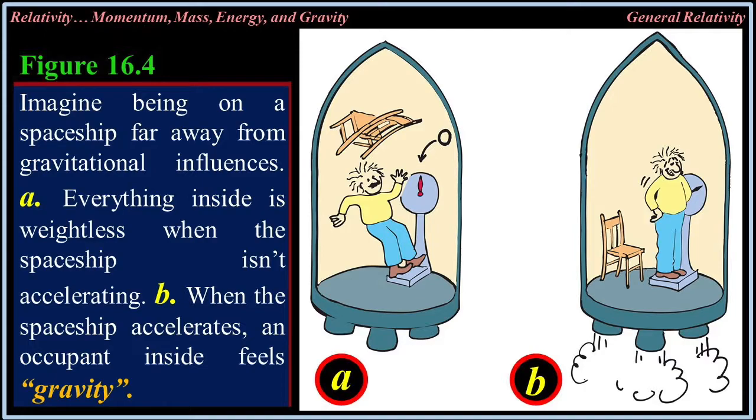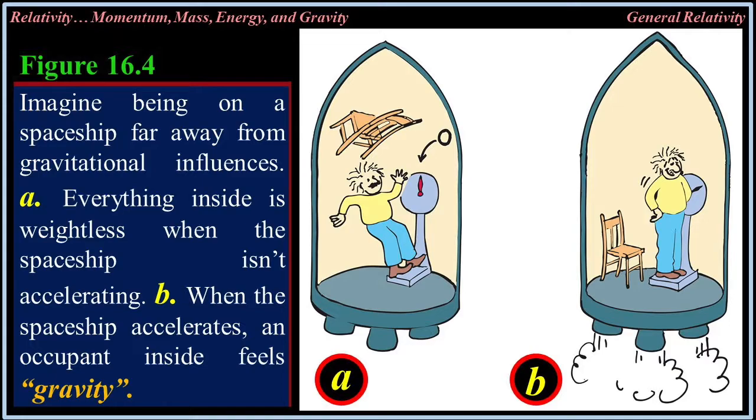In such a spaceship, at rest or in uniform motion relative to distant stars, Einstein and everything within the ship would float freely. There would be no up and no down. But if rocket motors were activated to accelerate the ship, things would be different. Phenomena similar to gravity would be observed.